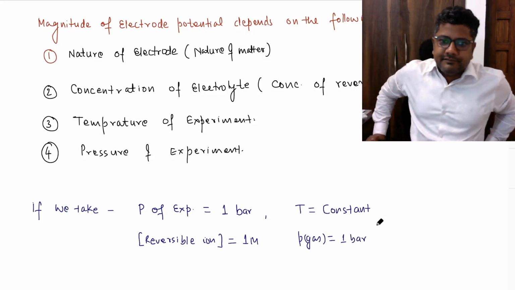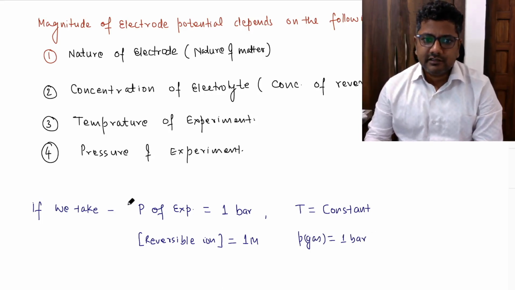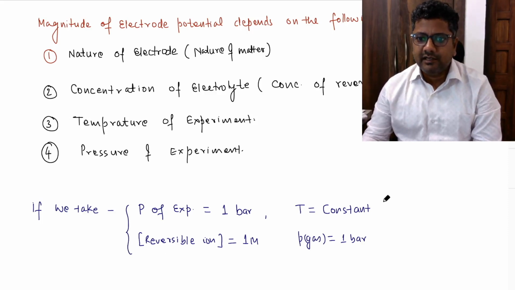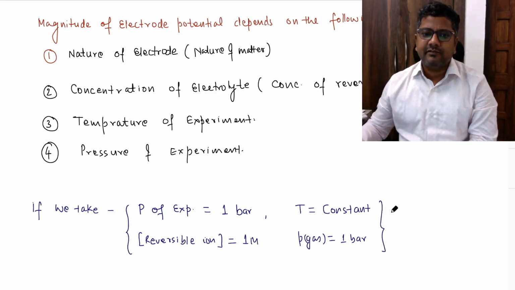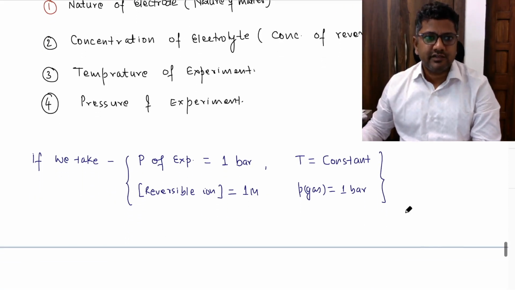So under this condition, the magnitude of potential difference between rod and solution is called standard electrode potential.